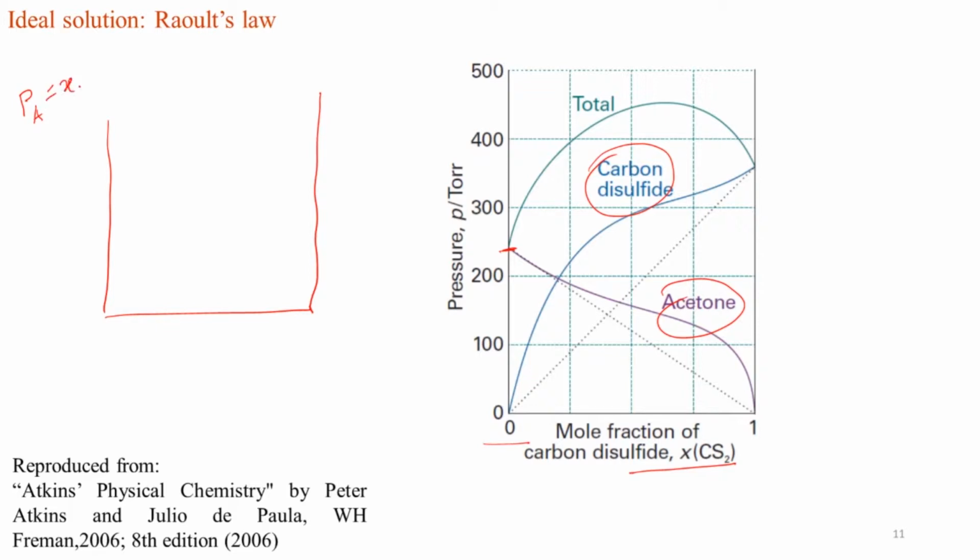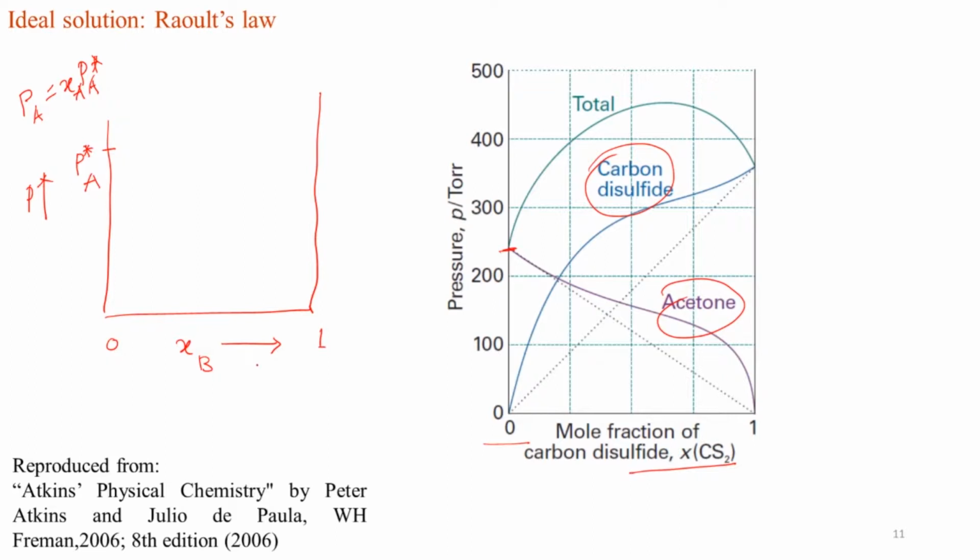It just says that Pa is nothing but Xa times Pa star. Suppose I am adding Xb, the second component, and it goes from 0 to 1. When Xb is 0, Xa is 1, so A is in pure form, and the pressure will be just Pa star.